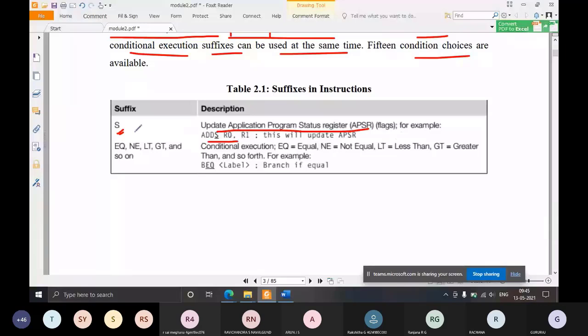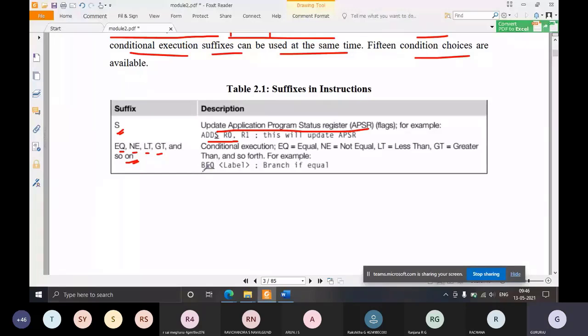There are other suffixes like EQ, equal, NE, not equal, LT, less than, GT, greater than, and so on. There are others also, which we shall see later.